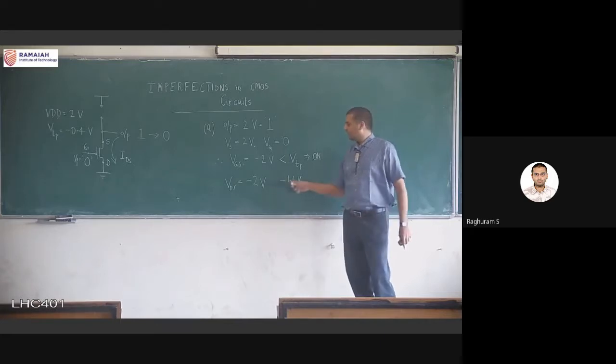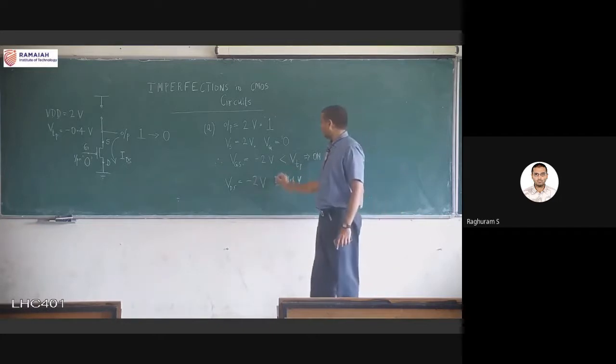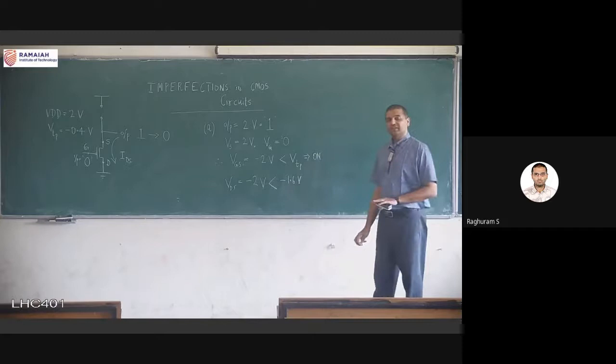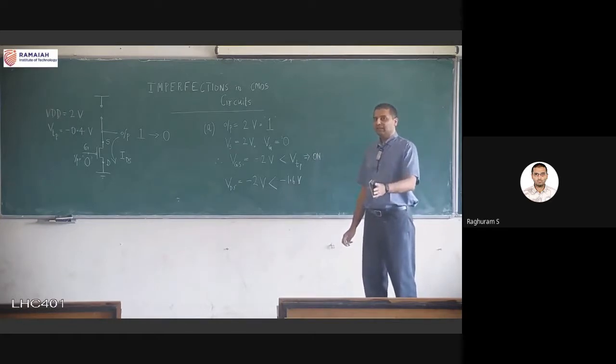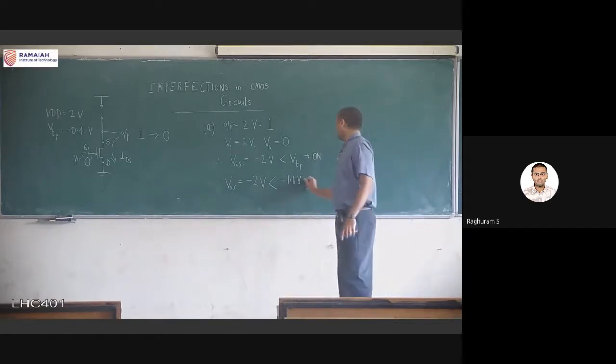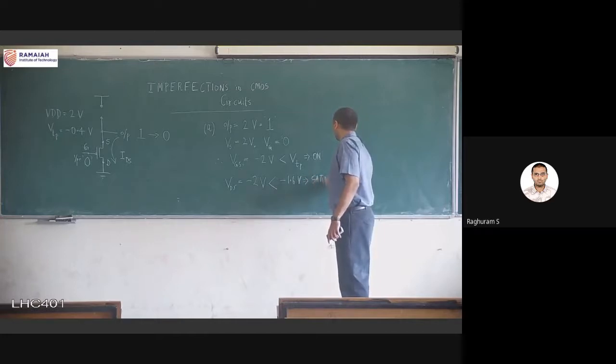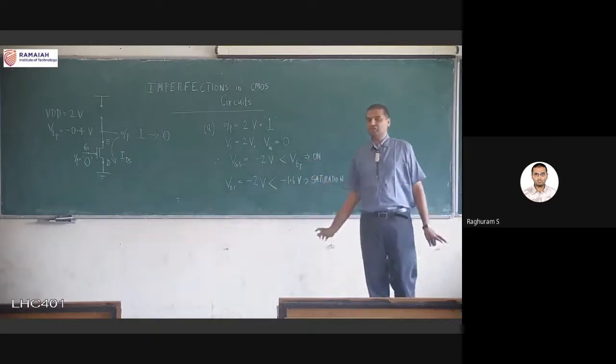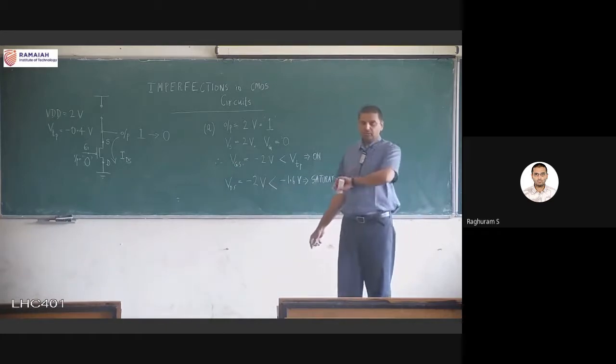Which is greater? VGS minus VT is greater than VDS. Since this is a PMOS transistor, this is in saturation region of operation.